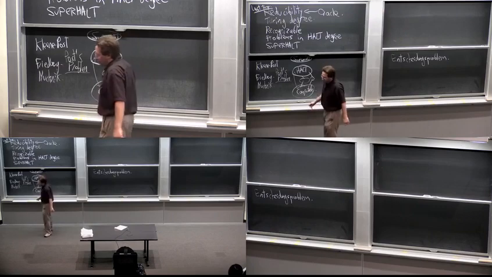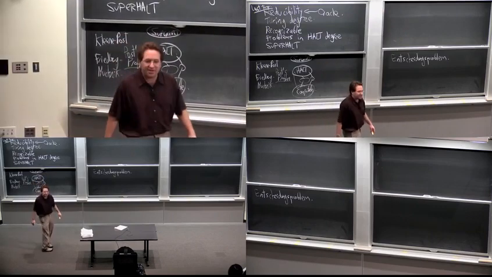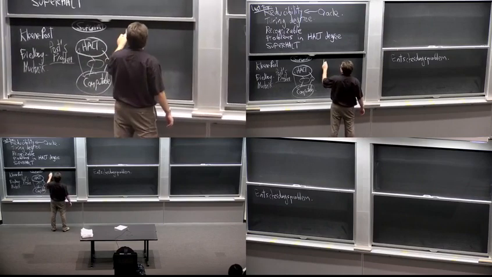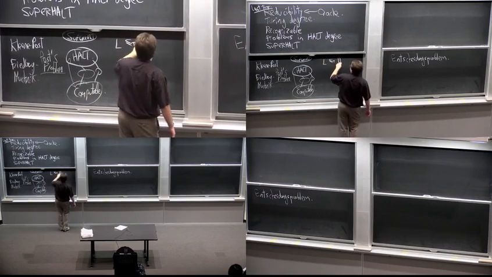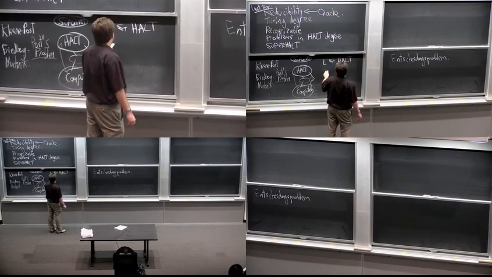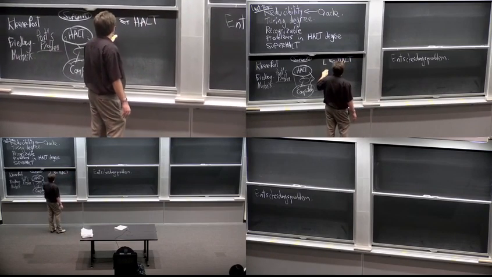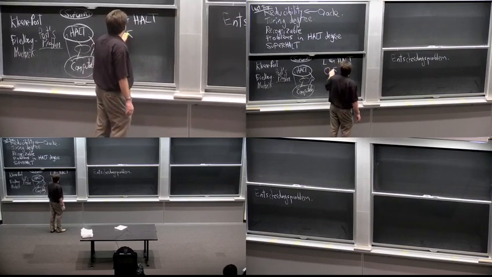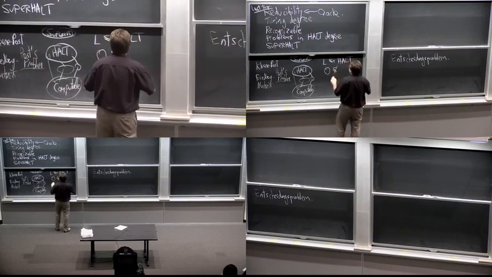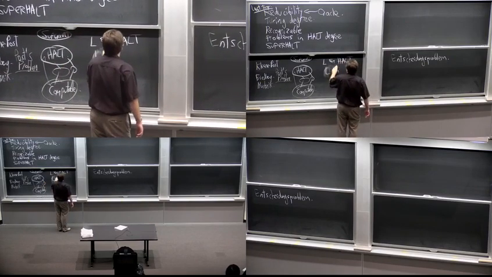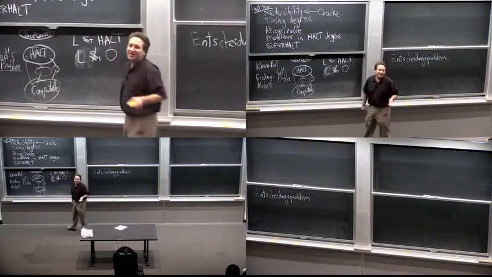So what exactly do we mean by in between, right? We mean a language L which is Turing reducible to the halting problem, which is not computable. So we could phrase that by saying that L is not Turing reducible to 0.